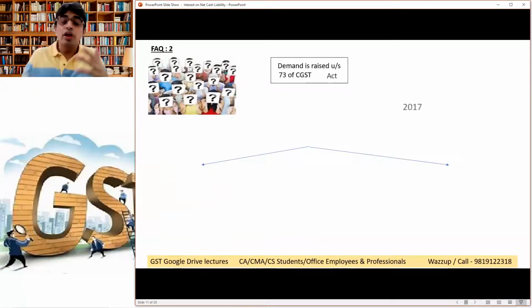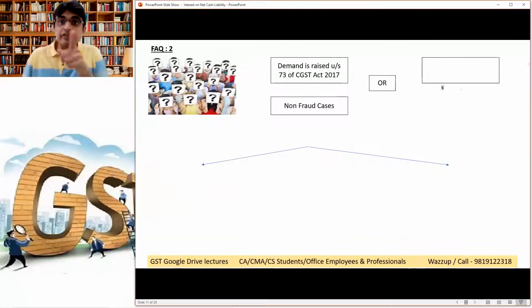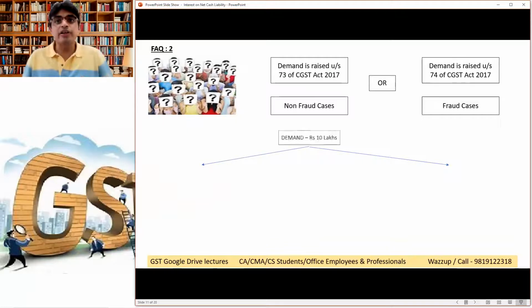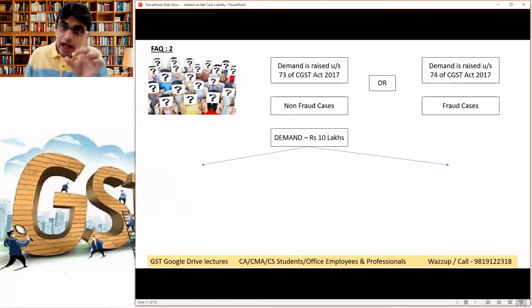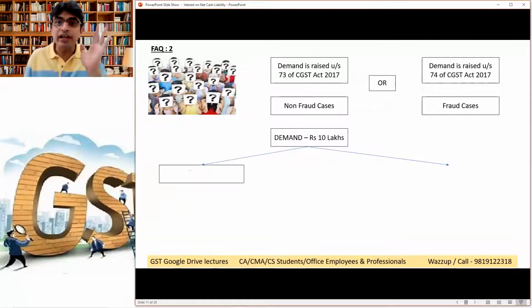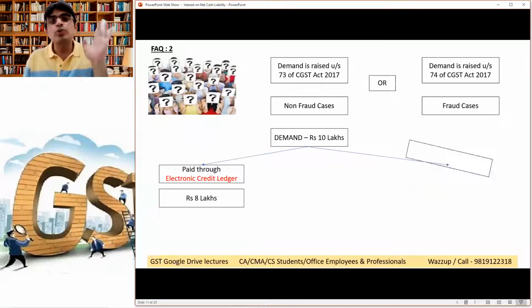See what happened. This time there is no default in GST 3B. Some demand is raised, show cause notice was there. So demand is raised on me under section 73 non-fraud cases, or demand is raised under section 74 of the CGST Act, some fraud cases. Demand was 10 lakh rupees. Now fortunately, I had in my electronic credit ledger 8 lakh rupees and in my electronic cash ledger 2 lakh rupees.